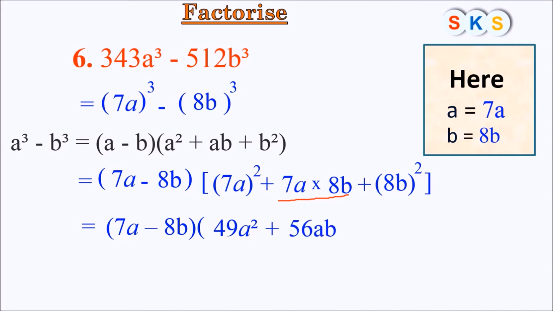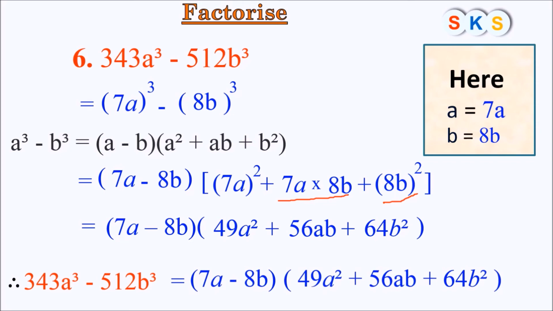So we will get 56ab plus the next one, 8b the whole square, which means 8b into 8b. That would be 64b square. Close the bracket. Now you can see that both brackets cannot be simplified further. Therefore, 343a cube minus 512b cube is equal to 7a minus 8b times 49a square plus 56ab plus 64b square.